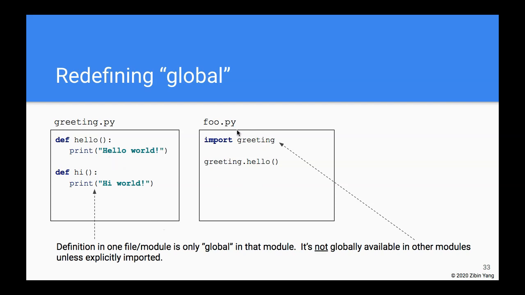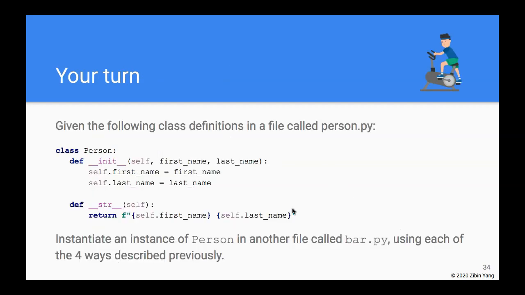So we've already seen that they are not available in another file unless we explicitly import them. So it's not global in the sense that it's available everywhere, but Python's global is only global in a particular file or module.